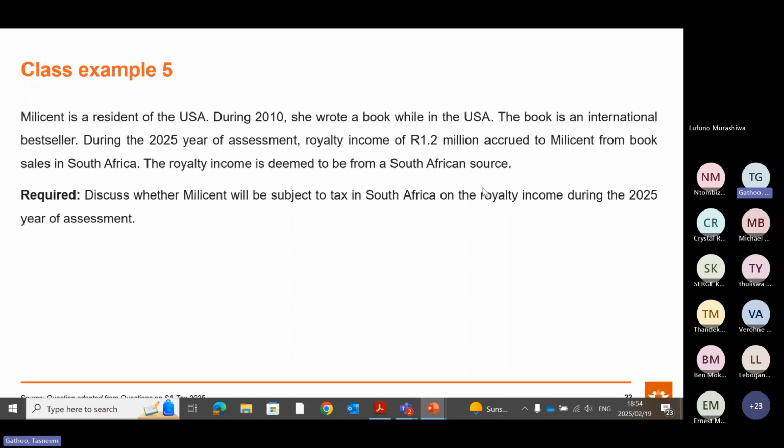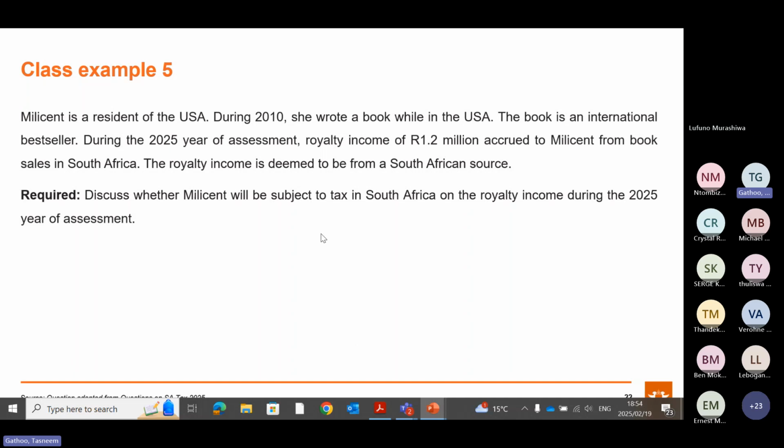We haven't got into the provisions on sourcing principles, but the majority of them are contained in Section 9, where they deem in certain cases, certain amounts to be of a South African source. So based on the provisions of Section 9, we will know that the royalty income is deemed to be from a South African source. So what we need to calculate is whether it will be subject to tax in South Africa.